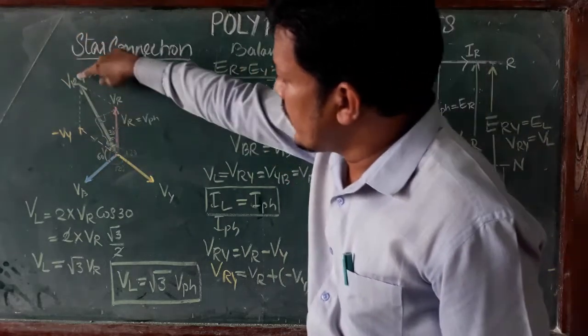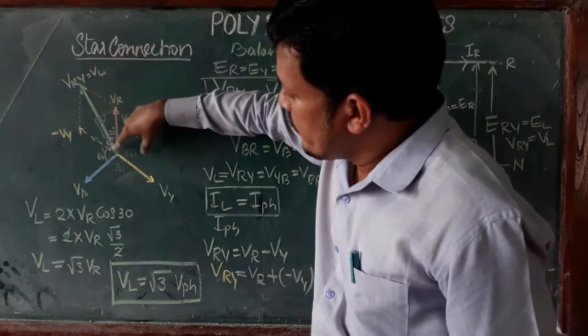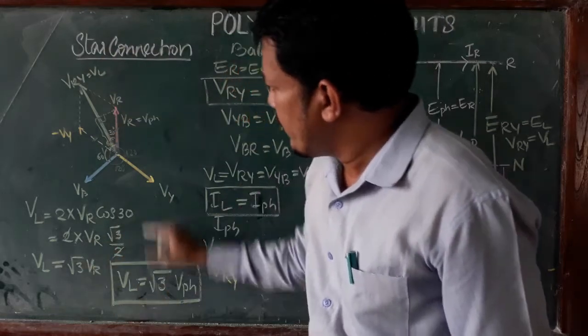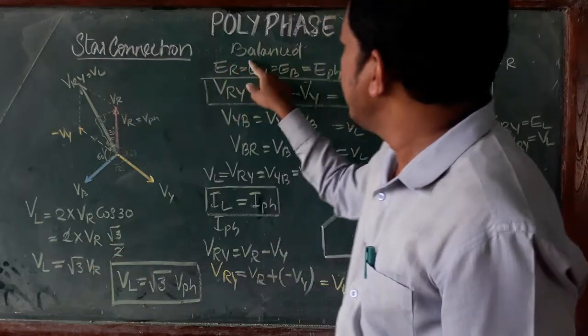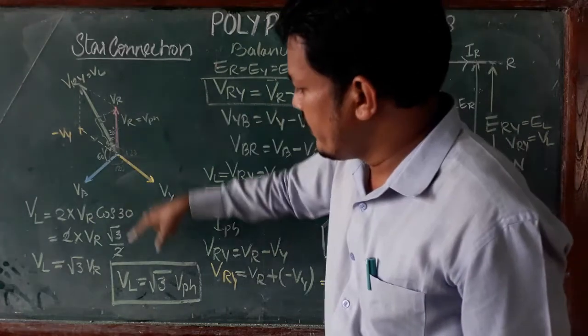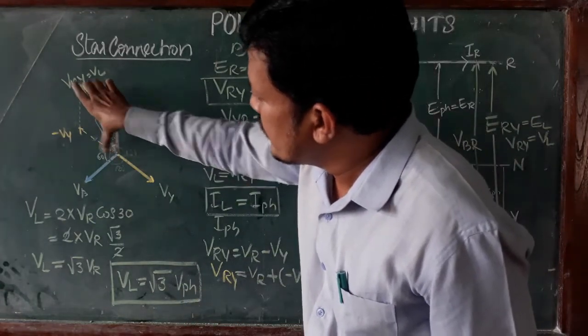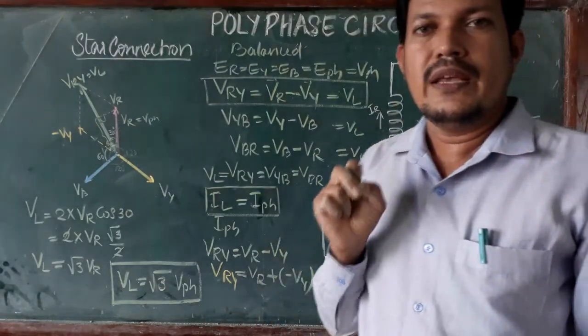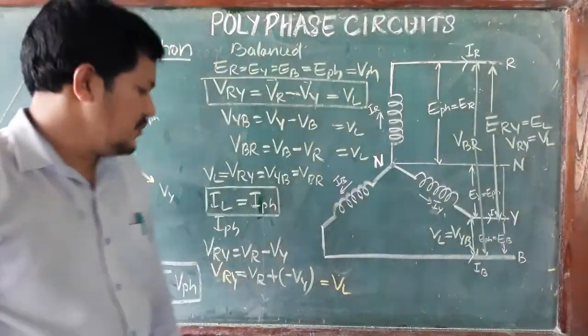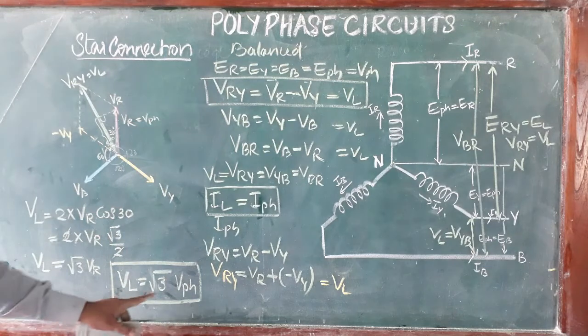We found VRY equal to root 3 times the V phase value. Here we took a balanced system, so instead of VR we wrote V phase. So V phase into root 3 means we will get the total VL or line voltage. It's a relation between line voltage and phase voltage.